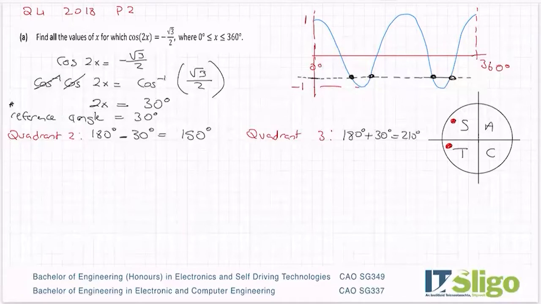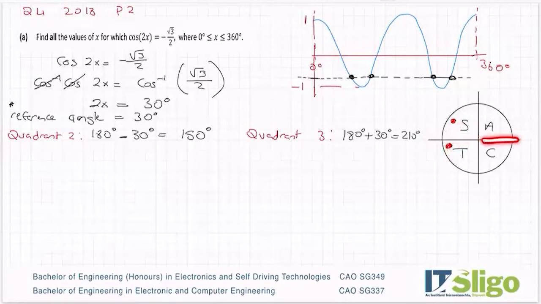Okay, so just to explain what I'm doing there again. In some value in here, if you put in cos of an angle, okay, you're going to get minus root 3 over 2. So our reference angle, we know that from root 3 over 2. When you need to find that angle for quadrant 2, it's always 180 plus or minus.